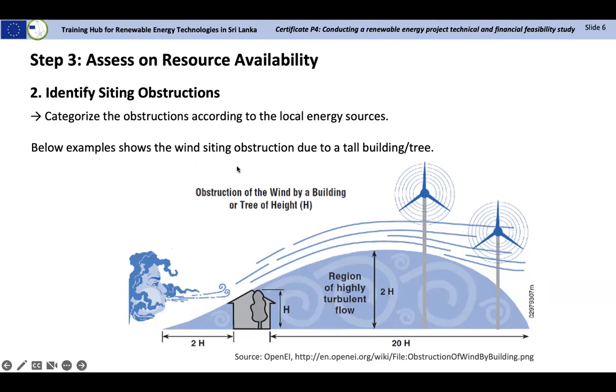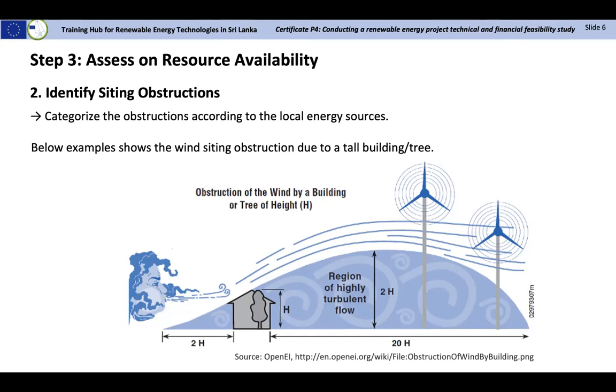If we are moving for a wind power plant, then we want to look at whether there are obstructions from tall buildings, trees, forestry areas, and likewise. Because if there are such obstacles for the project, then the applicability of that renewable energy source for this project will be inefficient.